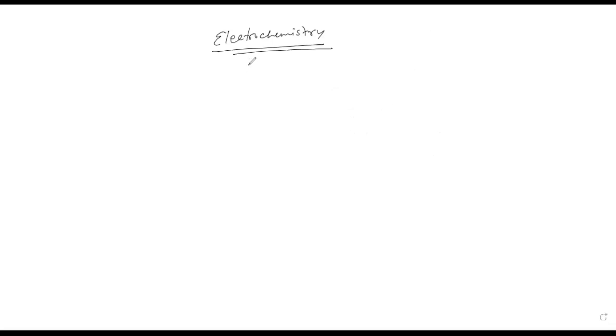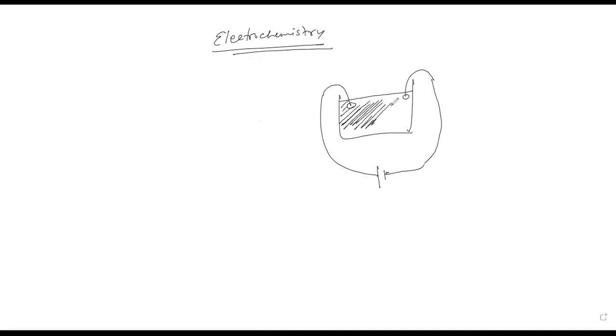From this diagram, what we can observe is that this substance, or this portion of the substance, is not a metal wire. This could be a solution. This could be liquid.